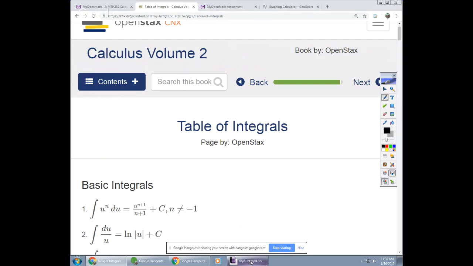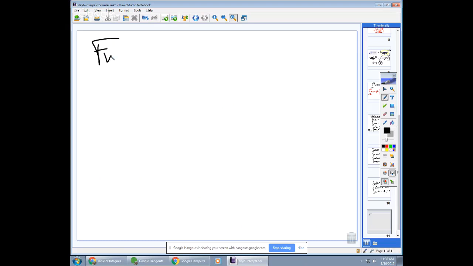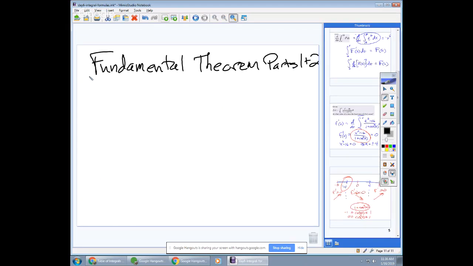All right, next topic. Fundamental Theorem Parts 1 and 2 combined give us another idea called the net change theorem.